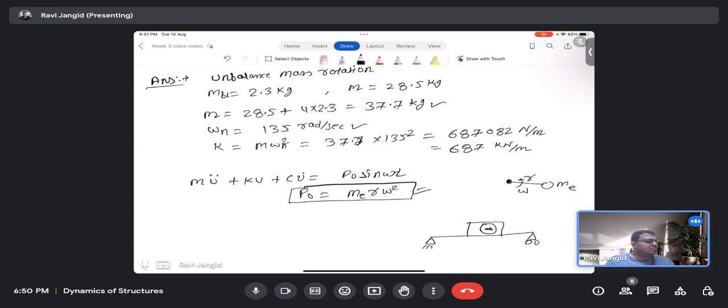Some unbalanced mass is rotating. The weight of the motor is m and the rotating mass is m e. So the force produced by this rotation is p naught, which is m e r omega square.